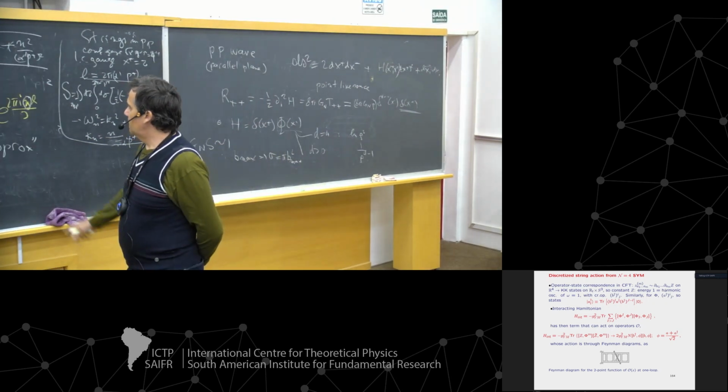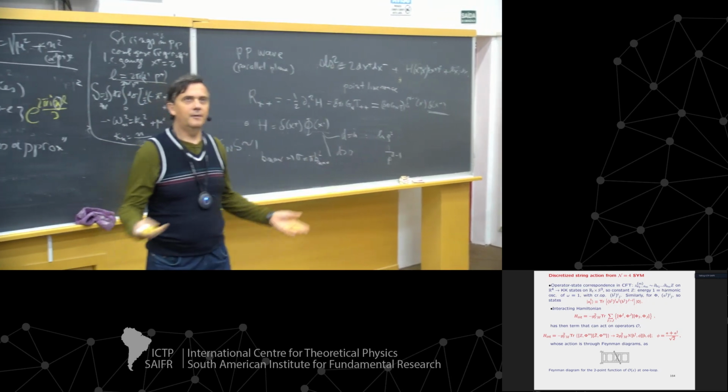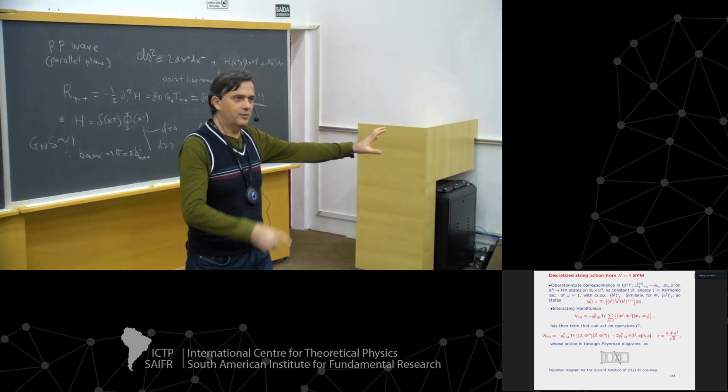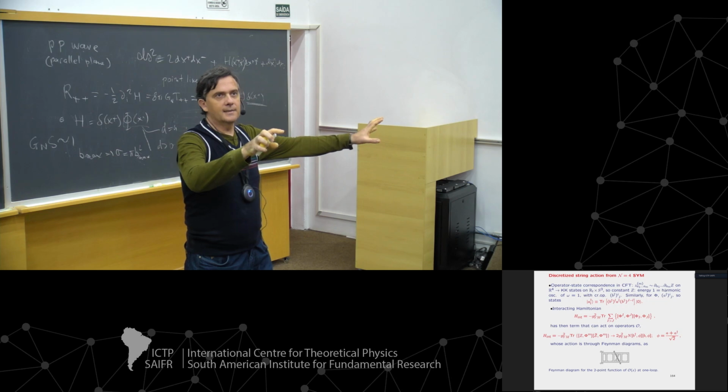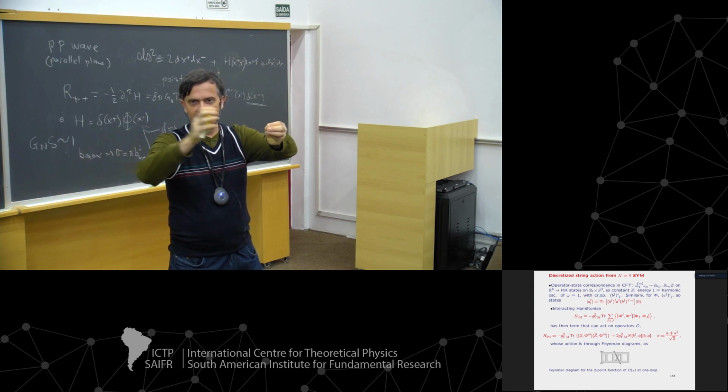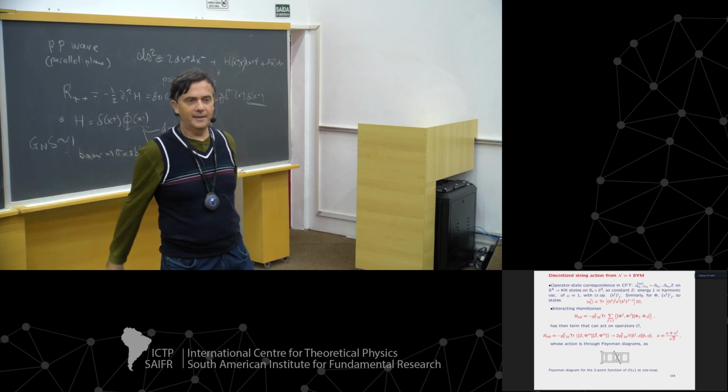So how do I do this? Well, I already told you a bit. I said that string states should correspond to states on the cylinder, and states on the cylinder are mapped in conformal field theory to operators on the plane.